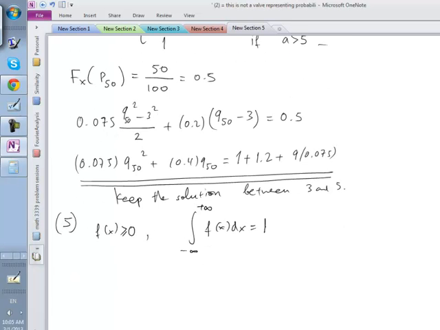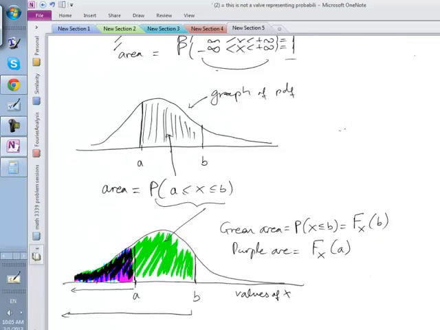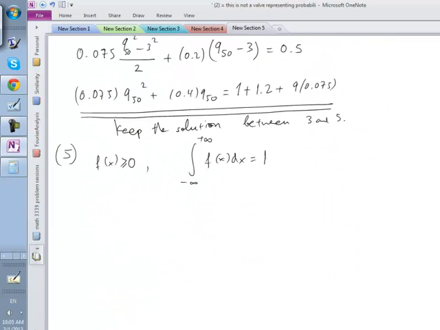Now, we don't care about satisfying this property, which is part of the definition of the PDF. This one is equal to this, because we are told that the function is the PDF of the random variable x. The only thing we have to see is whether this satisfies these two properties.